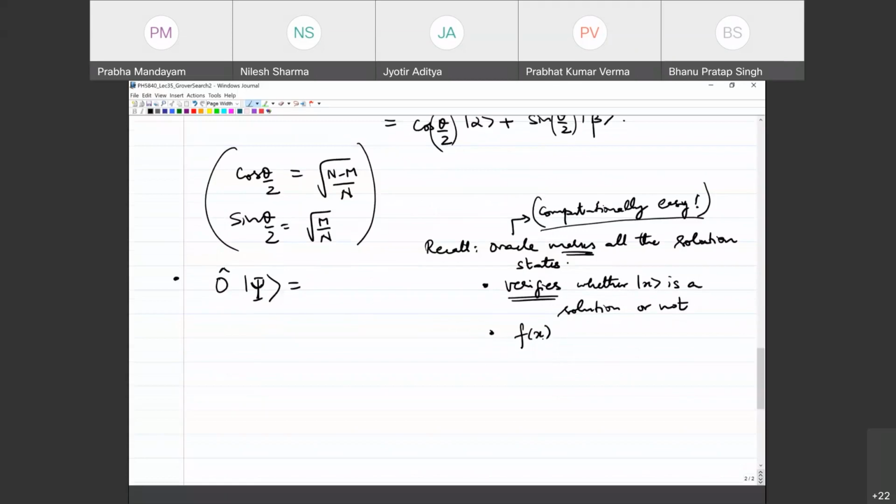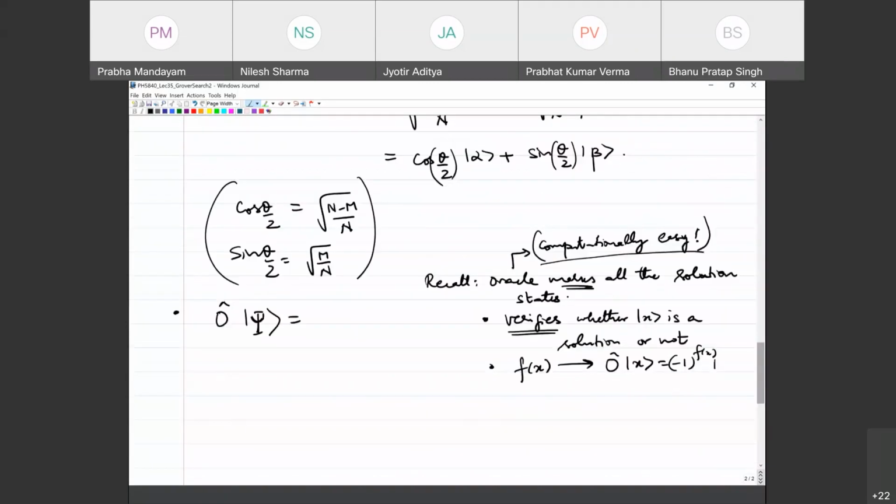The quantum oracle correspondingly, we saw this, it does (-1) to the f of x for every computational basis state x, right? Where f of x is 1 if and only if x is a solution, right? So just note that it is not that the oracle knows the solutions, it can verify whether a given x is a solution or not. And the quantum oracle encodes that answer in this phase.